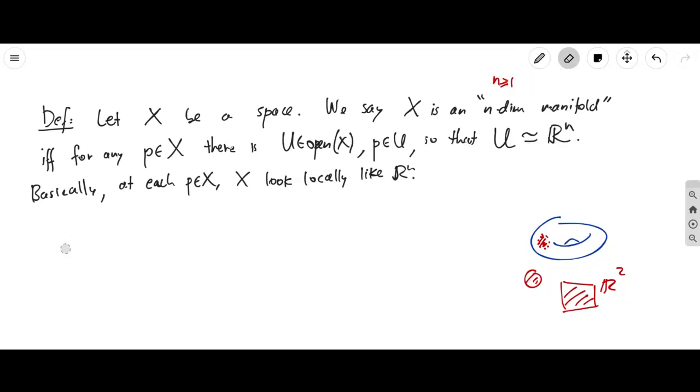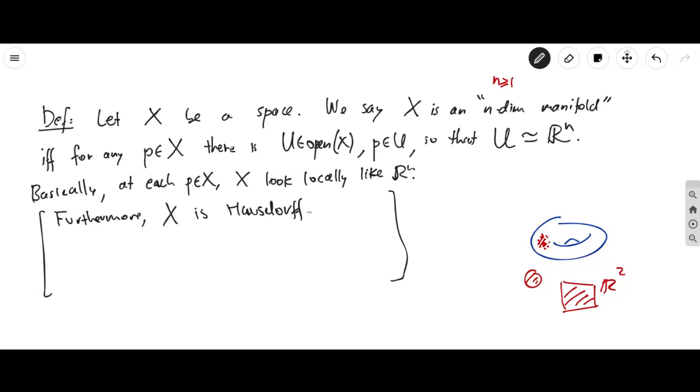But there's actually two other conditions here that I do not want to go into, and this is required to avoid pathologies. And furthermore, X is Hausdorff. You might find this a little bit surprising because locally it looks like Rn, and Rn is Hausdorff. So you might say, well, why does it not mean that globally the whole thing is Hausdorff? Well, that's the strange thing.